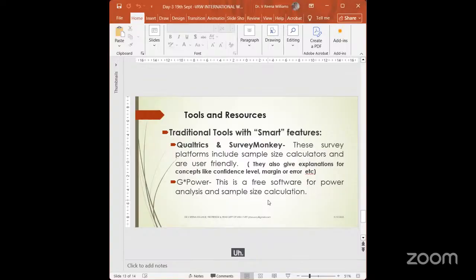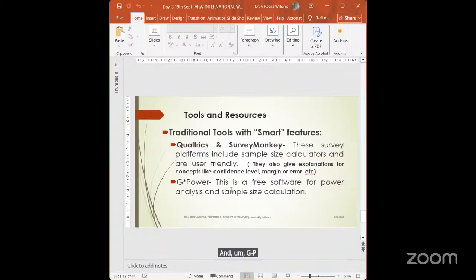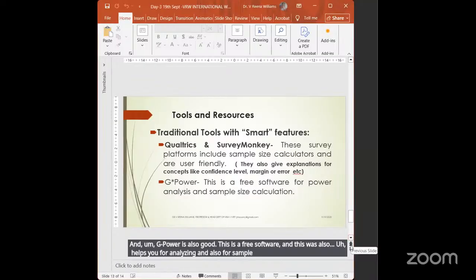They also give explanations on why this is taken, and at least the people who are not very familiar with statistics can get answers that way. So I think that is helpful. And GPower is also good. This is free software, and it also helps you for analyzing and for sample size calculation.